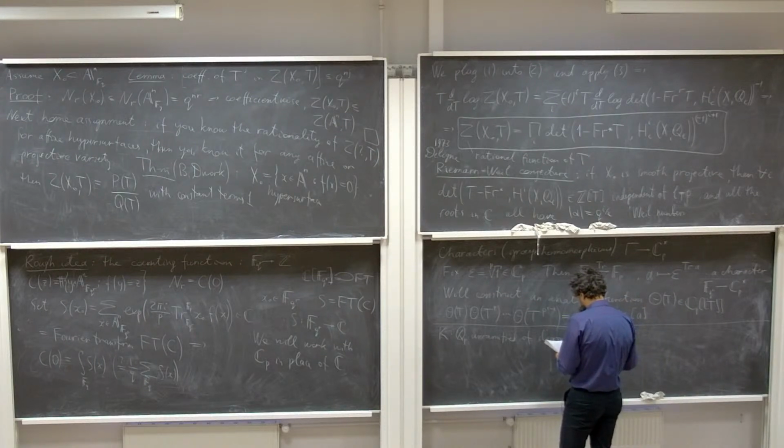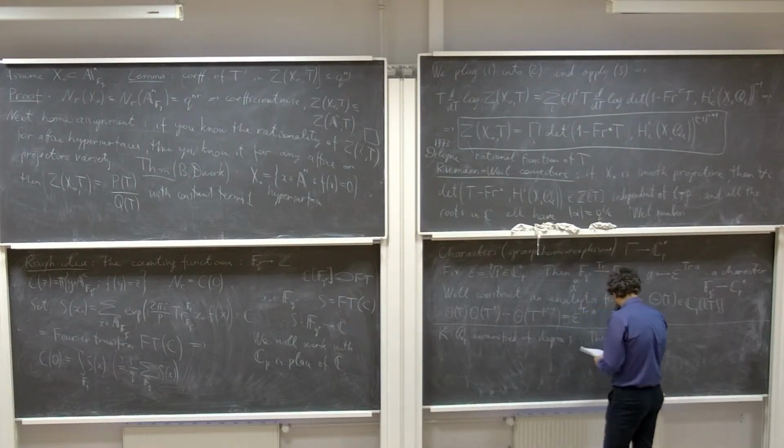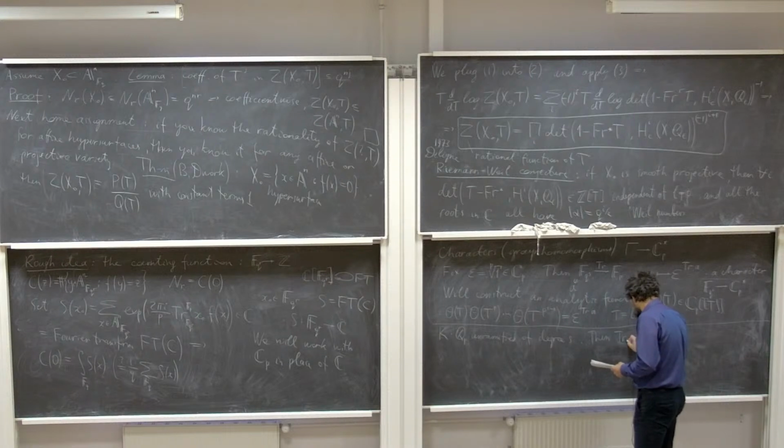And then the trace in this sense from K to Q_p of the Teichmuller representative of A.